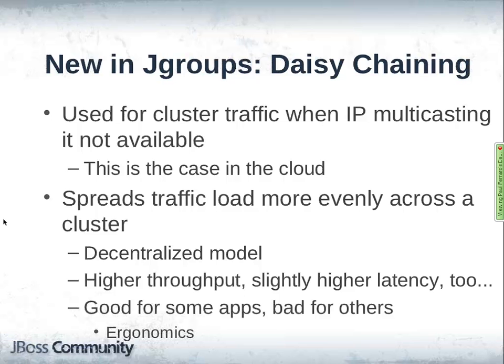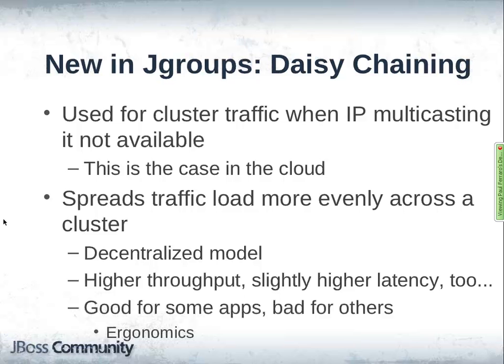A new feature in 2.12, which is also part of AS7, is daisy chaining. So this can be mainly used for a cloud, where IP multicasting is usually not available. I don't know any cloud provider who provides IP multicasting. So when you run JBoss in the cloud, you need to use TCP.